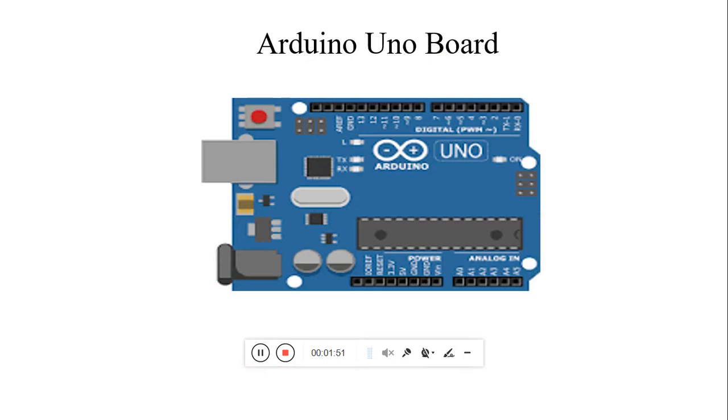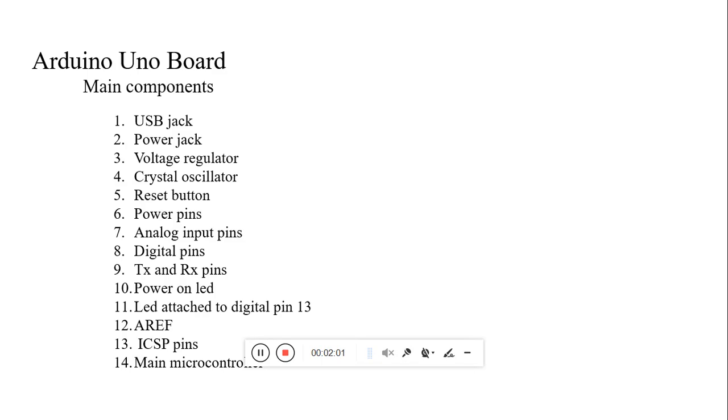Today we are going to see in detail about the Arduino Uno board. This is the overall picture of the Arduino Uno board. These are the main components of the Arduino Uno board.